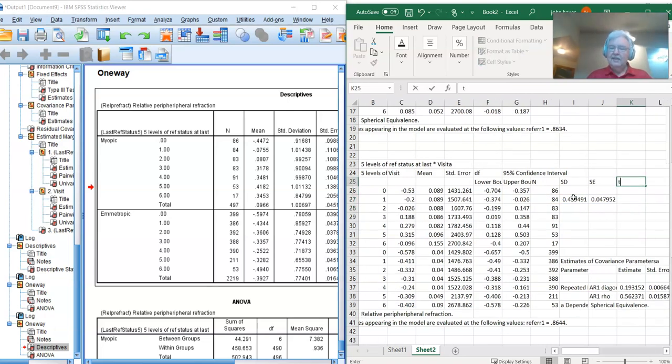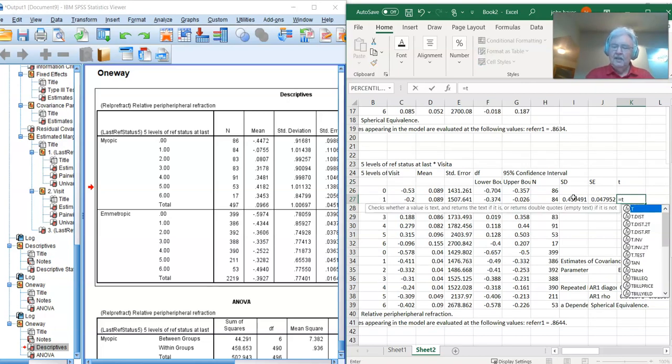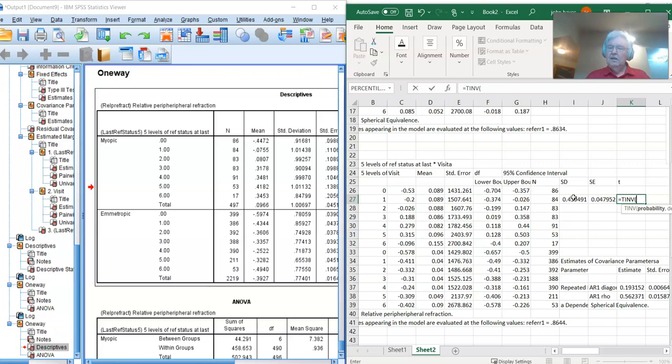We're going to do our t, and that equals t inverse 0.16 for an 84% confidence interval, and our n is that minus 1.